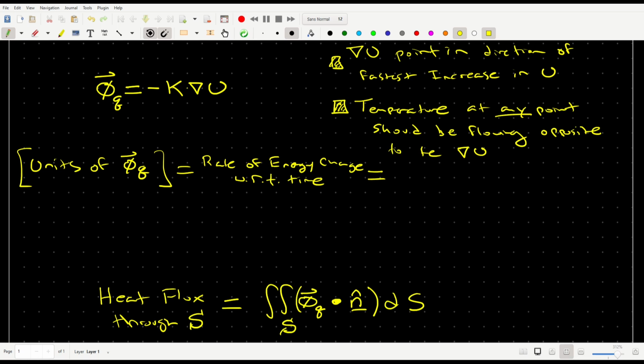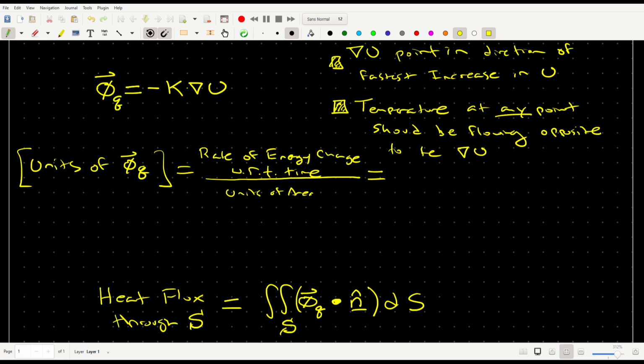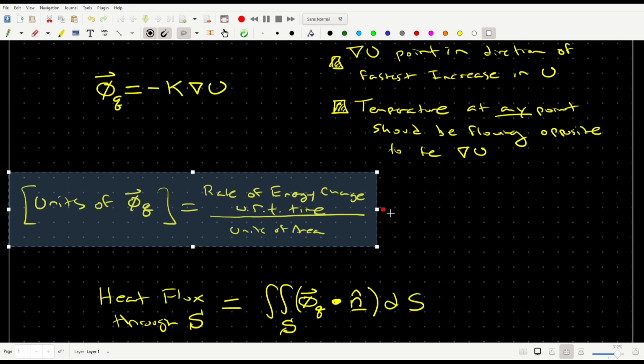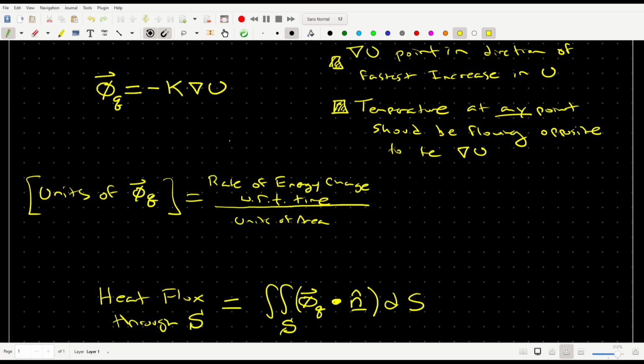And this is the flux vector. When we integrate the surface integral here, this needs to be over units of area. In SI units, the rate of energy change with respect to time is called the watt. So watts per meter squared, units of area.